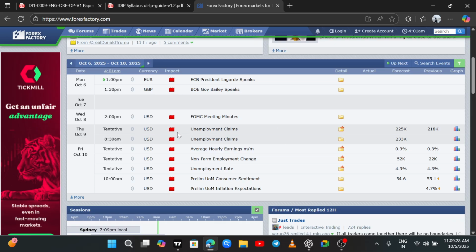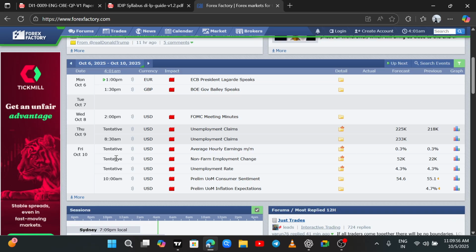So what will our plan be? My plan is to look for trade opportunities on GBP JPY on the Monday if any opportunity is present. For the US pairs, I'll stay a little bit cautious, because we have FOMC in the middle of the week on Wednesday, and Thursday is the day prior to NFP.